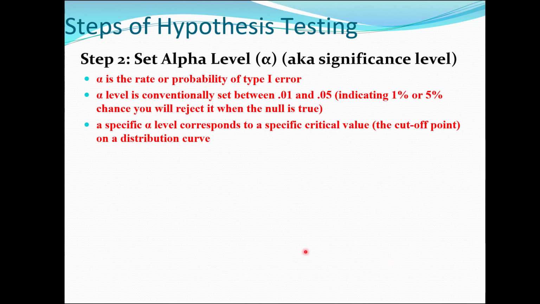One more thing I want to talk about regarding alpha level is that a specific alpha level corresponds to a specific critical value on a distribution curve. This may sound difficult to understand, so this is why I'm going to show you three graphs.